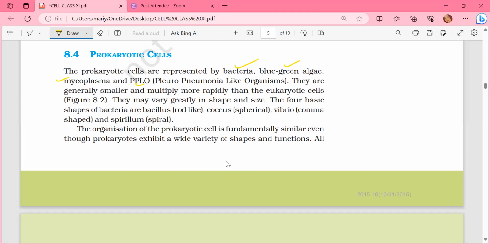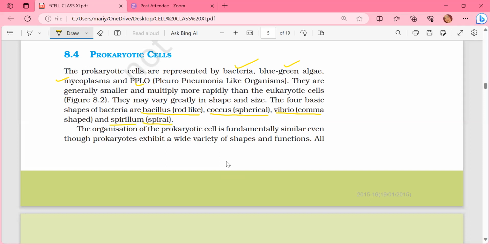Let us talk about how the prokaryotic cells divide. The size of the prokaryotic cells is very small, and they divide more rapidly as compared to the eukaryotes. Their shape and size vary a lot. Talking about the four shapes of the bacteria, the bacteria are either bacillus, meaning rod shaped, coccus, meaning spherical, vibrio, meaning comma shaped, and spirillum, meaning spirally shaped.